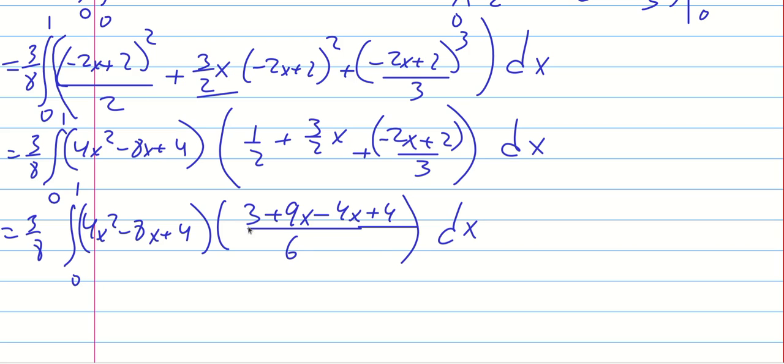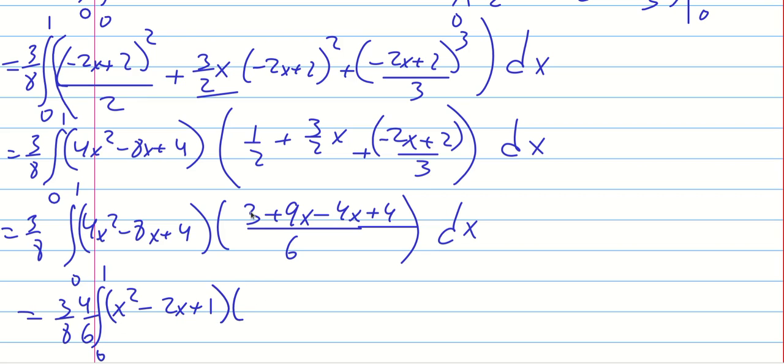And we took 1/6 and put it outside, and from this expression we can put 4 out. So 4/6 we put outside. 3/8, 0 to 1, we put 4, we put 6, so this 4 is gone. We have x squared minus 2x plus 1.